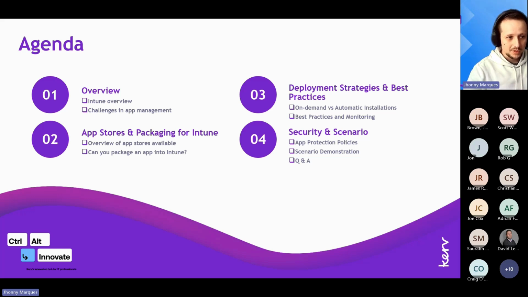What we will be doing today is we'll give Intune a quick look through. We'll discuss app stores, packaging apps into stores, deploying apps, what strategies there are for deploying the apps to the environment, and best practices. We will then talk about security: how do you protect your apps and your data?